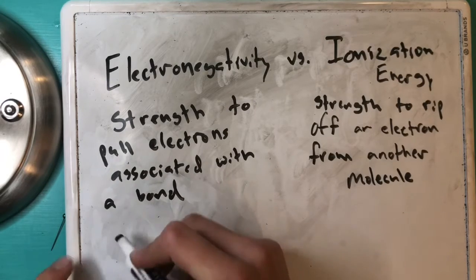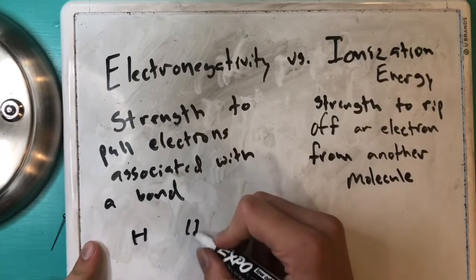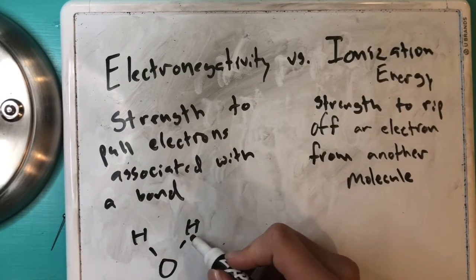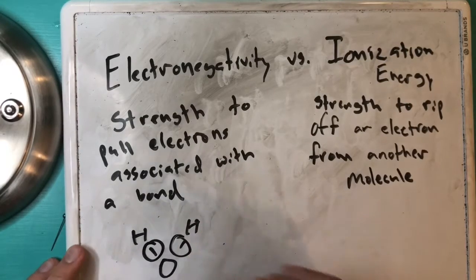So I'll draw this for you. If we had H2O, the electronegativity of oxygen would represent how strong it is pulling on the electrons associated in the bond right here, in those two bonds.